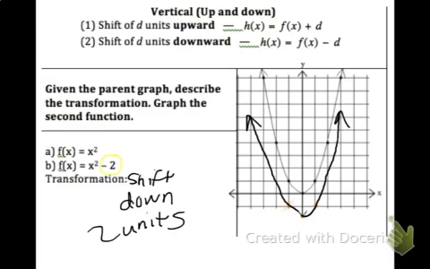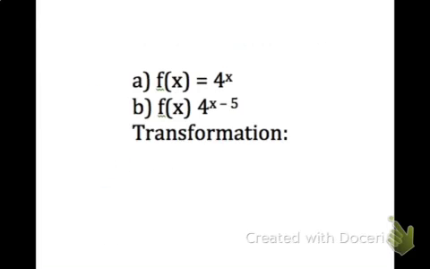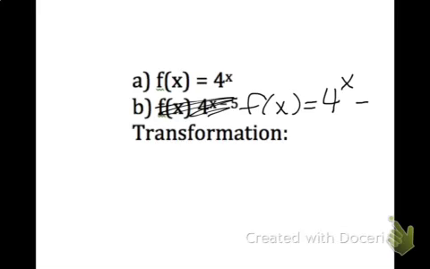For the next one, we had the same exponential. But it should say in your notes, I'm sorry, my thing is a little messed up. It should say that you have f of x is equal to 4 to the x minus 5, okay?